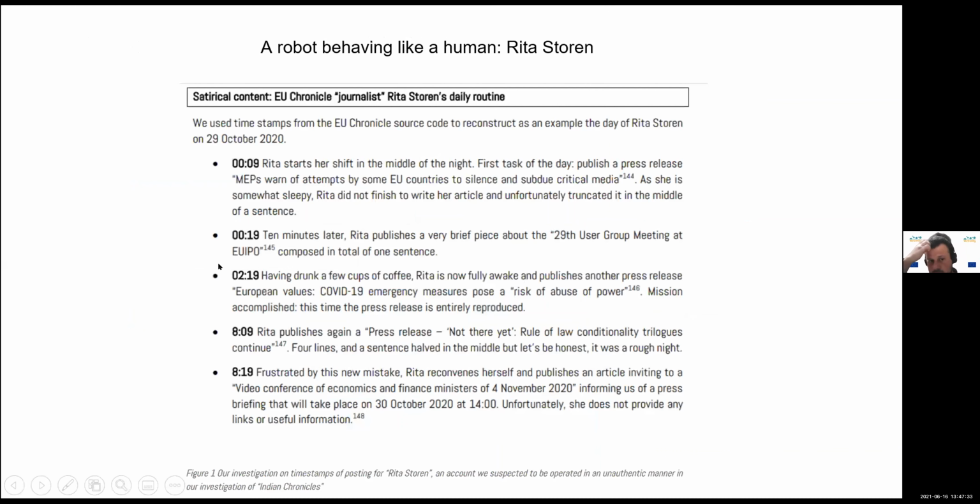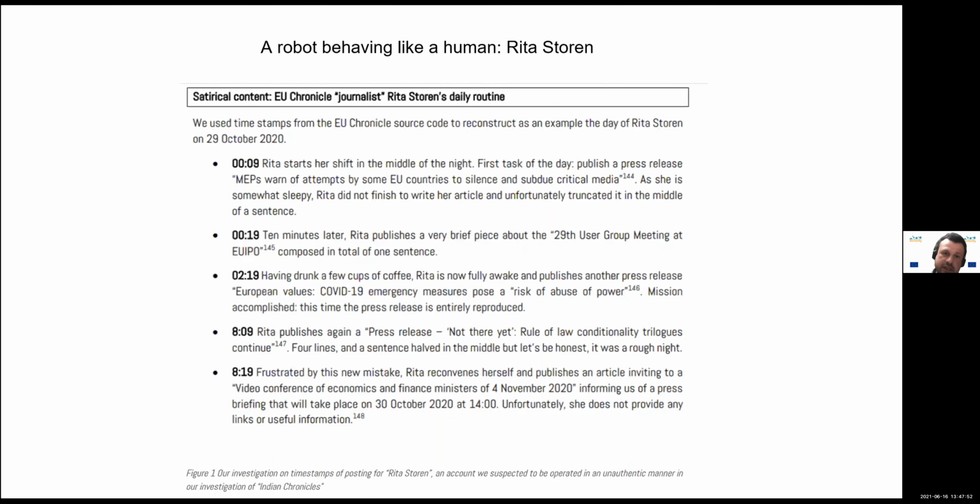This is what we found in one of our studies at EU Disinfolab, a robot behaving like a human. Rita Storen is a fake journalist, and she does not really sleep, but she's very exact.